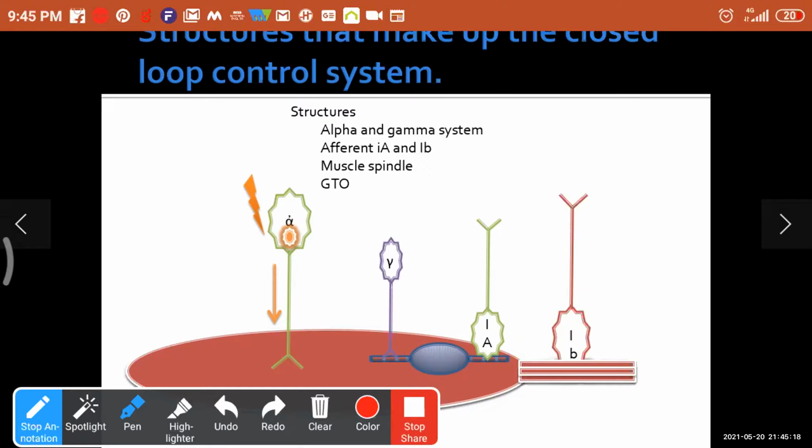No, if it is shortened, then 1A fibers will not be activated. But ultimately it will send the information about length to the brain.